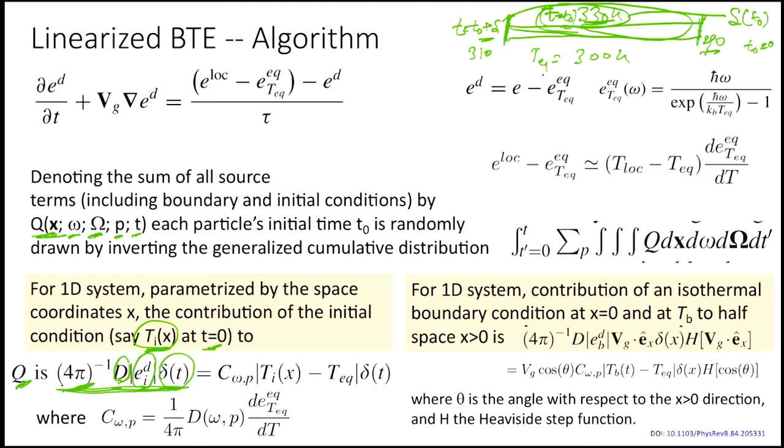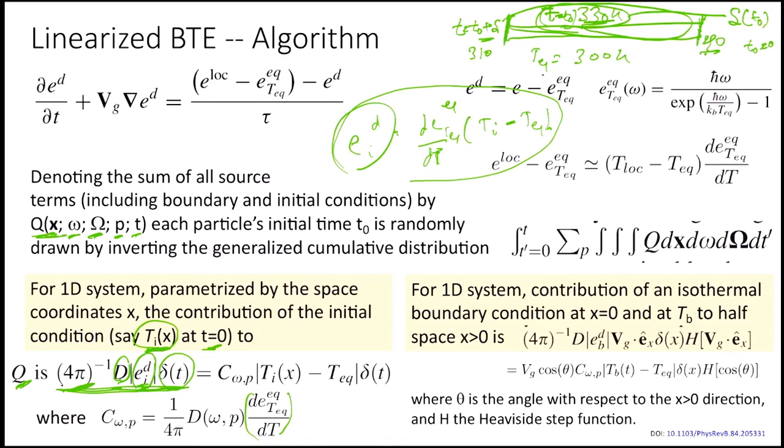So if you look at it, for the deviational particle we had written, if you remember, the e_d we could write as dE by dT at the equilibrium condition, and then Ti minus T equilibrium. So we could write this deviational particle like that. So that's what we have written: the dE by dT term, and then this temperature difference, Ti minus T equilibrium.